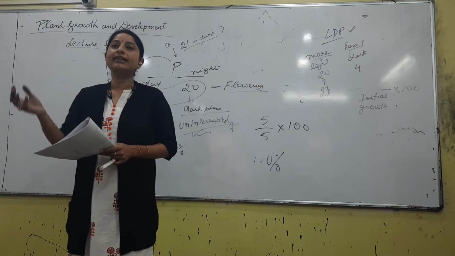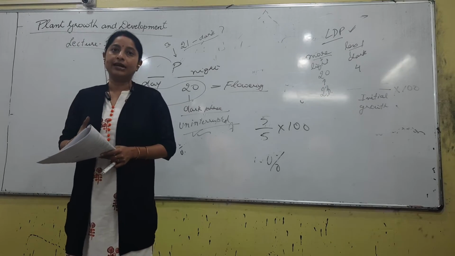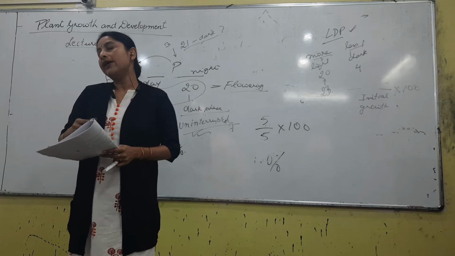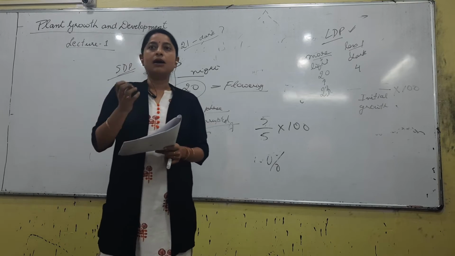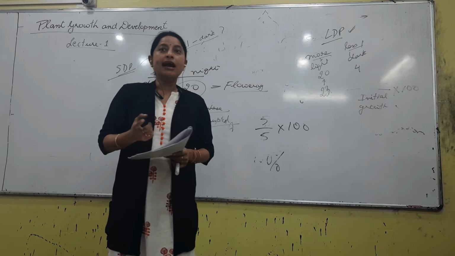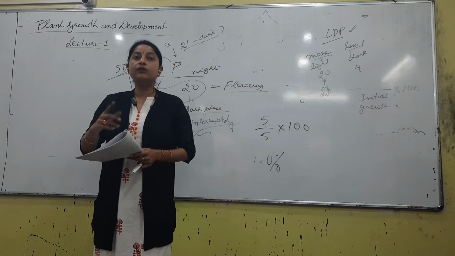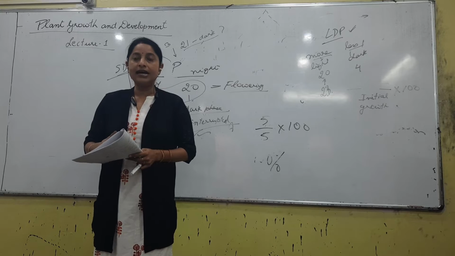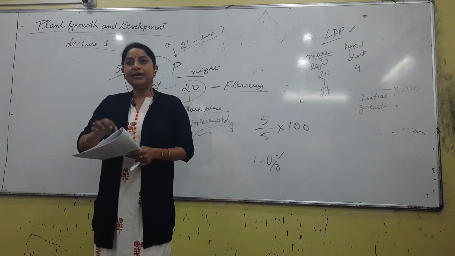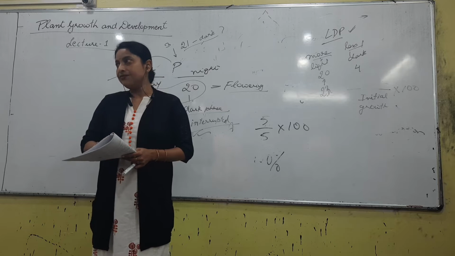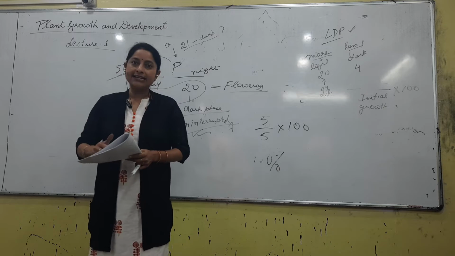Red to far red initiates flowering. What have we studied? A word called phytochrome. What is phytochrome? A protein molecule, they will write. In which forms are they present in a plant? They are present in two forms, PR form and PFR form. PR is physiologically inactive, PFR is physiologically active.